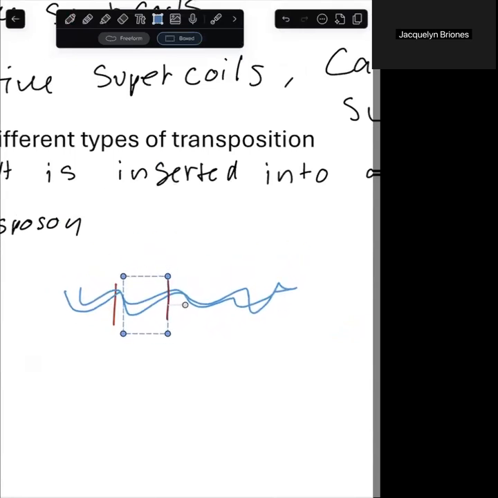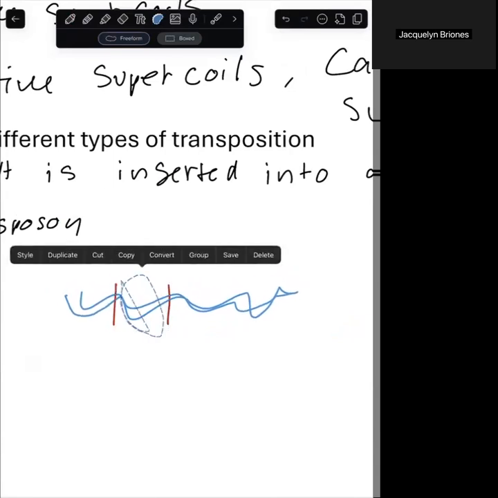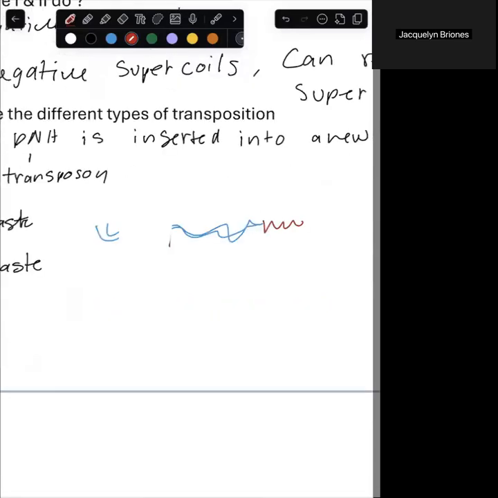Oh, I grabbed the whole thing. Okay, that's not gonna work the way I thought it did. Anyways, you're gonna cut this whole piece out and then move it, say, down here. That piece, you totally took it out and moved it.